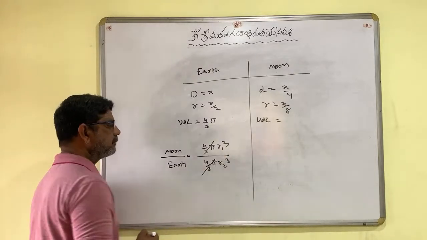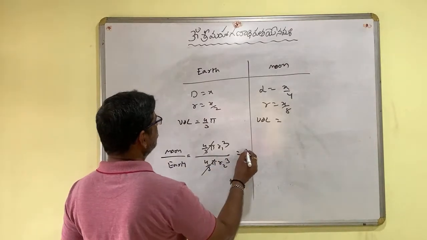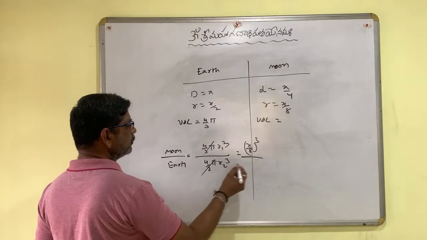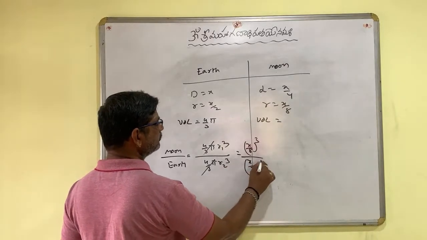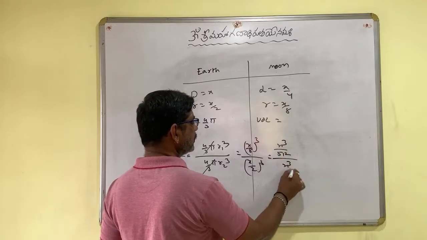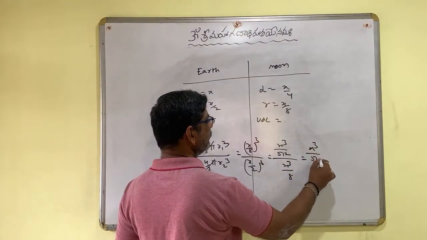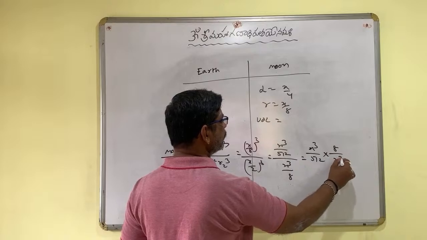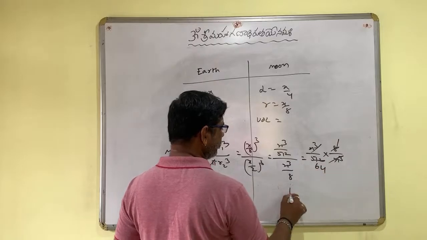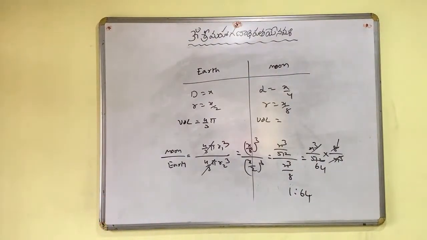Moon by Earth is what we need. 4 by 3 pi, 4 by 3 pi get cancelled. r1 cube is x by 8 whole cube, r2 cube is x by 2 whole cube. x cube by 512 into 8 by x cube. When you simplify, x cube gets cancelled. 8 by 512, 1 and 64. 1 is to 64.